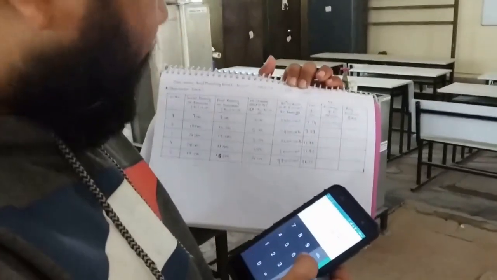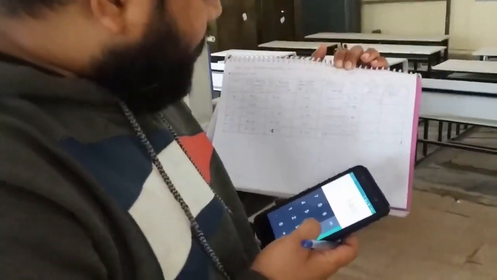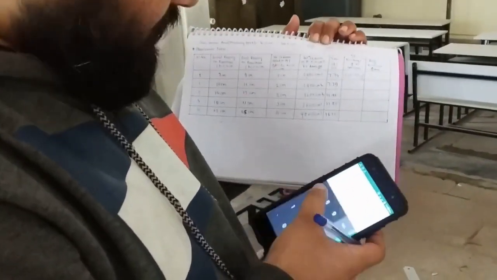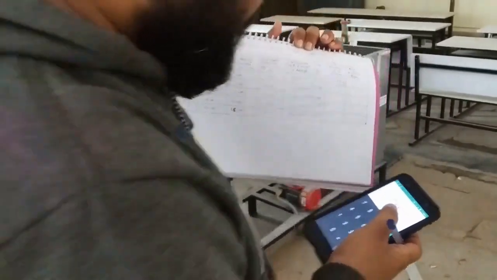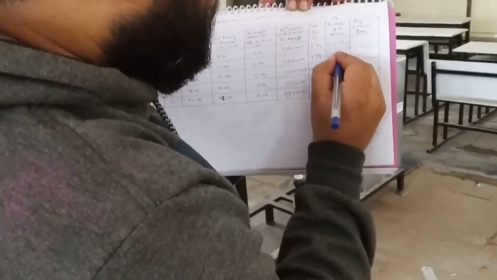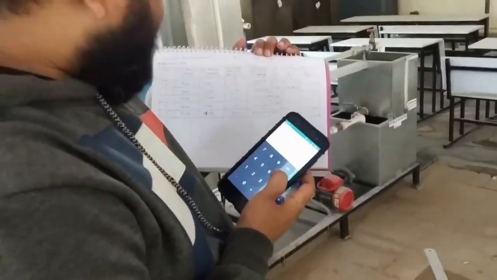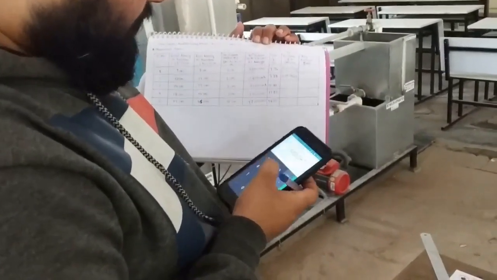Then calculate for the next one, 2400 divided by 7.79, and we get 308.08 centimeter cube per second. Okay, now observation number 3. We calculate the discharge with 3600 divided by 11.95.